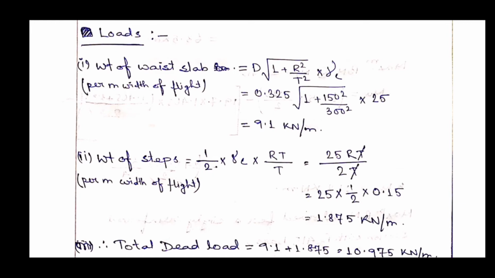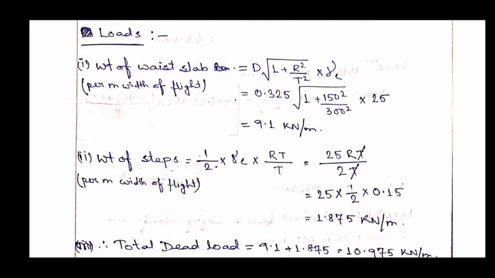So first, weight of waist slab per meter width of flight, okay, that is equal to capital D root over 1 plus capital R square by capital T square, root close, multiply gamma c. Now capital D is overall depth, R is size of riser, T is size of tread, and gamma c is unit weight of RCC.